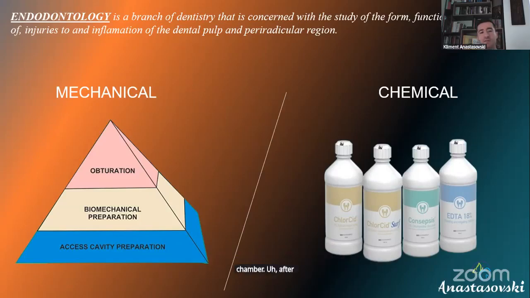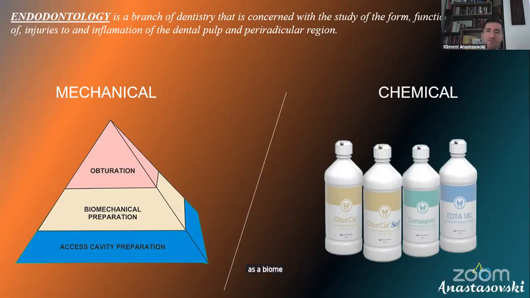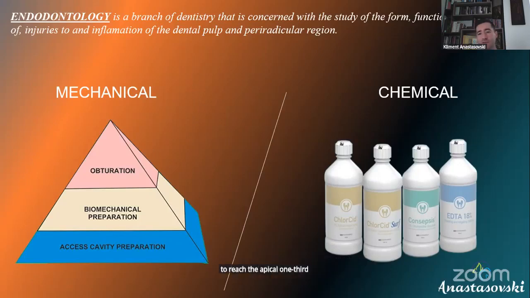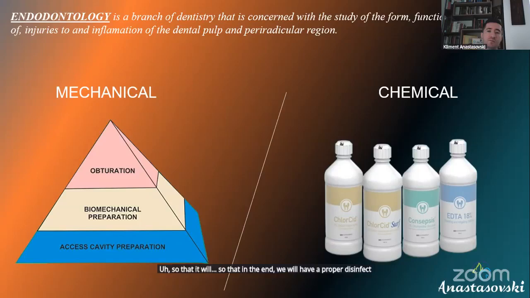After we have finished with the access cavity preparation, we then go to the instrumentation phase, or as was explained, the biomechanical preparation of the root canal system, where we need to accomplish every biological and mechanical objective to form and shape a root canal that can provide for the solutions that we are going to be using after that to reach the apical third of the root canal, as the part of the root canal system that has the most anomalies, so that in the end we will have a proper disinfection of that root canal system.